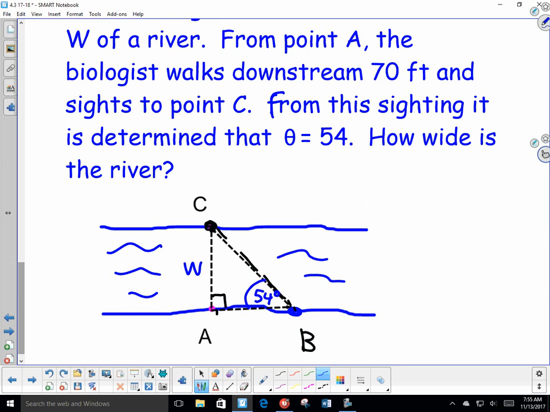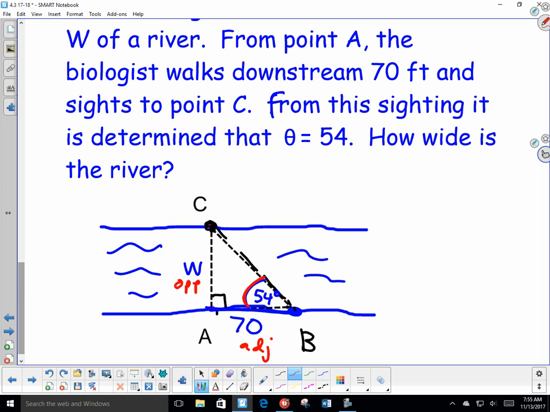Well, we know that she walked 70 feet here, so this is 70, and we're trying to find the width W. If this angle is 54, the 70 would be the what? The hypotenuse, the adjacent, or the opposite? Well, that's going to be the adjacent leg. And the width, W, that we're trying to find would be the opposite leg.